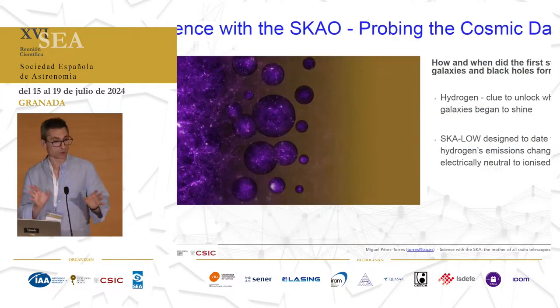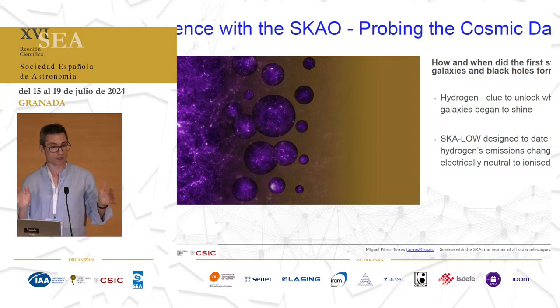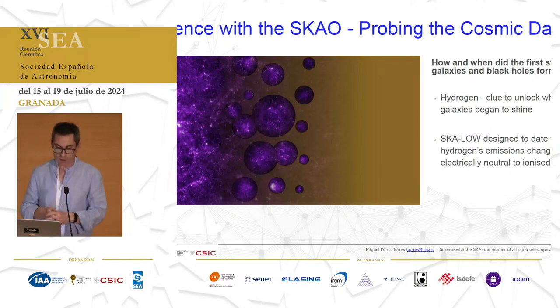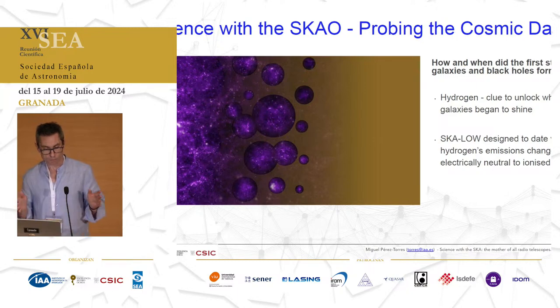And let me now switch to some of the topics that will be tackled with the SKA observatory. Basically, this is a correlation with the existence of science working groups, okay? I will tell you what this is in a minute, but for you to know. So, as I mentioned, hydrogen array. Well, the basic idea here with this telescope at very low frequencies is to probe the epoch of reionization and beyond, the cosmic dawn in the universe.